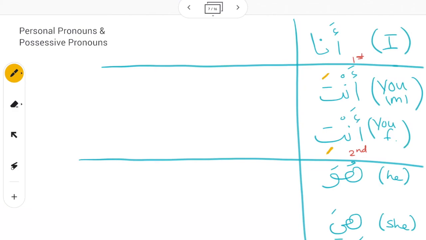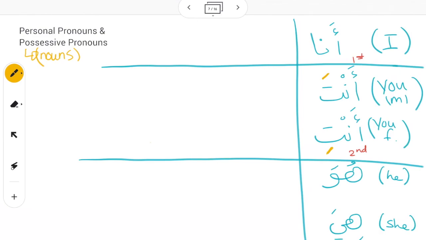So these possessive pronouns are what happens when you attach a pronoun to the end of a noun. And possessive pronouns get attached to nouns. Okay? They get attached to nouns. And then they also get attached to other types of words, which we will come to a little bit later, that are called harf. Okay? So for now, let's look at nouns.